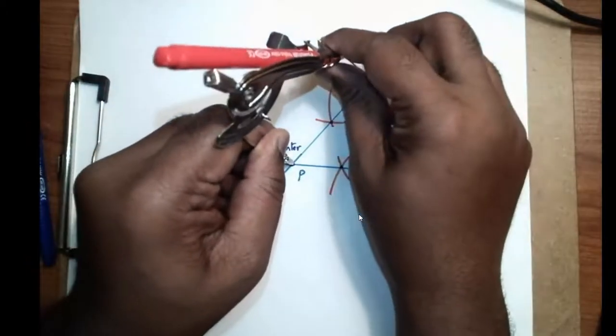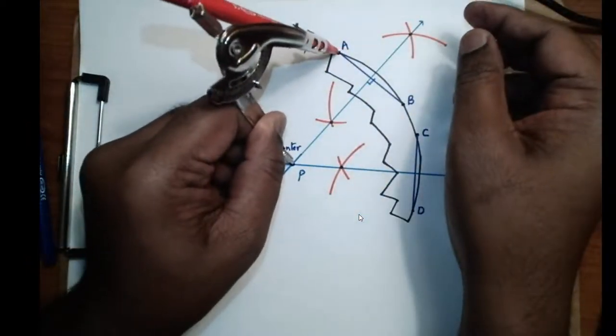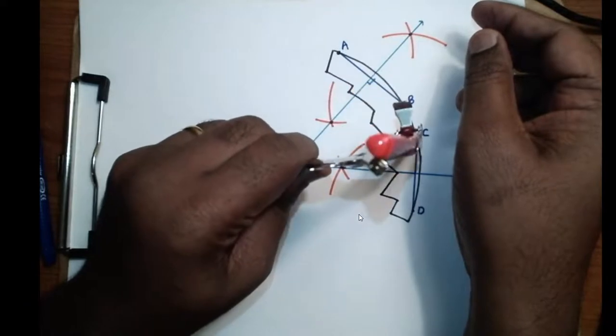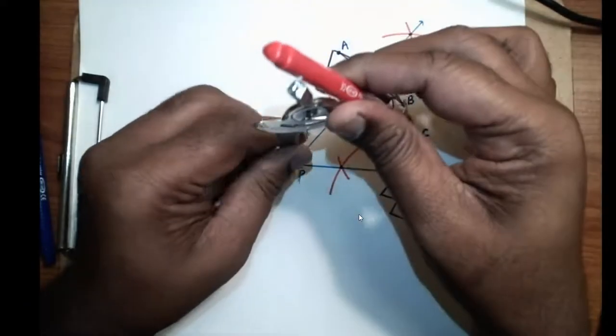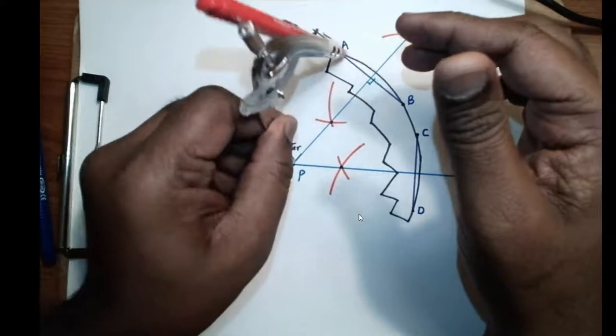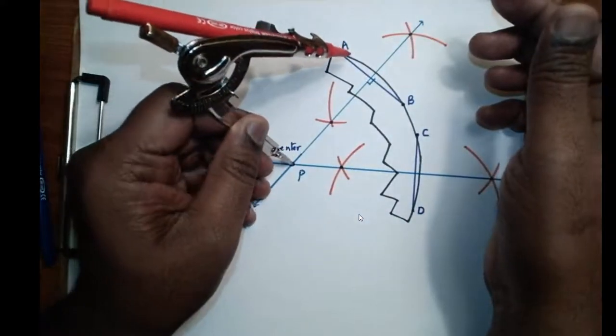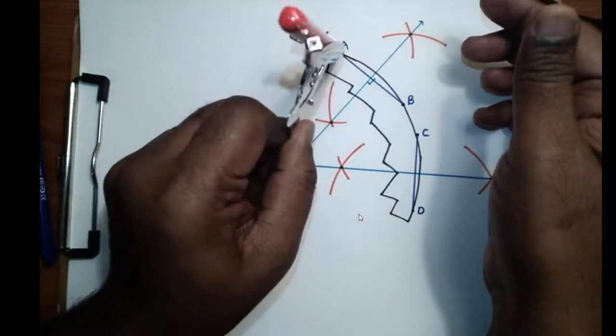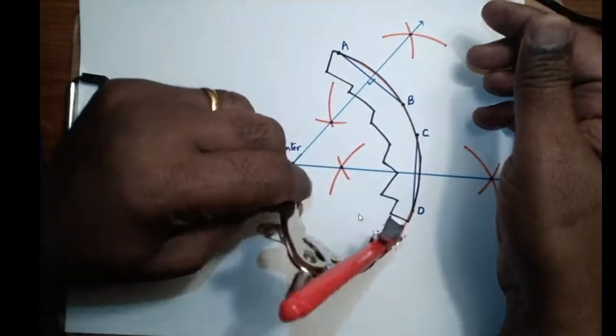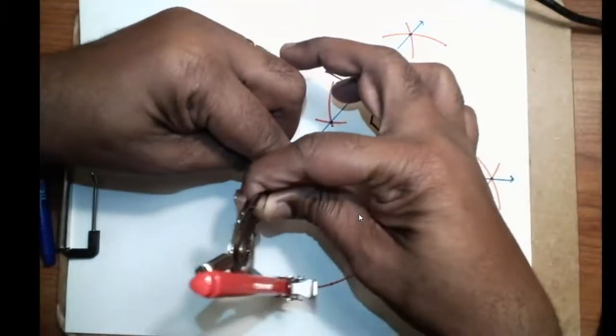measure all the way up to that. See, now it's exactly on A, and exactly on B, C and D. So I'll just draw a circle passing through those points, and that was your first arc.